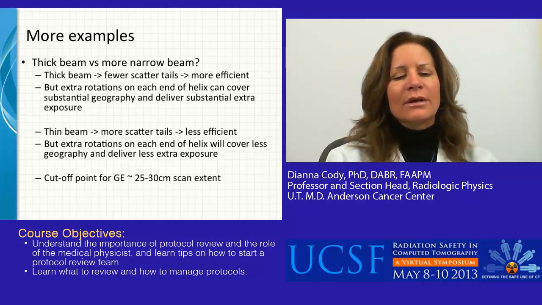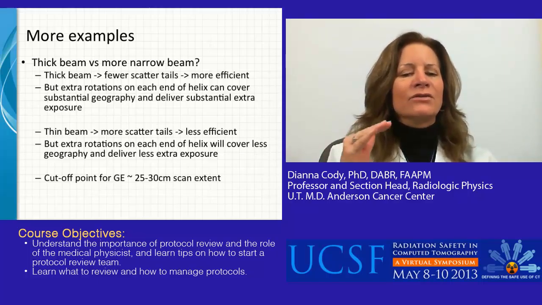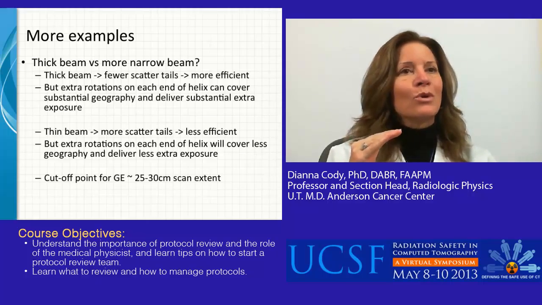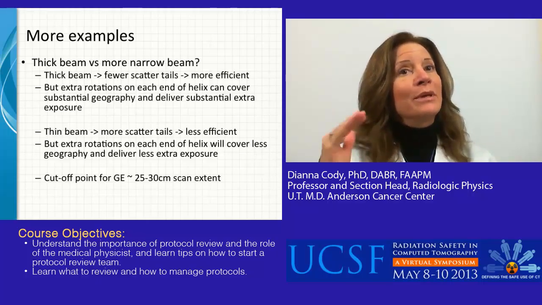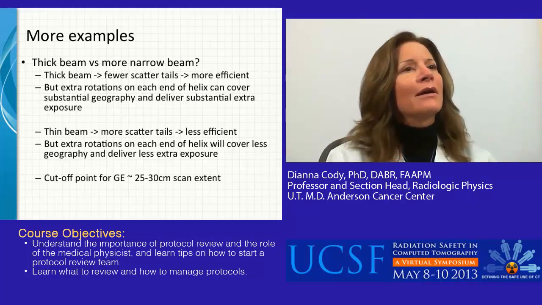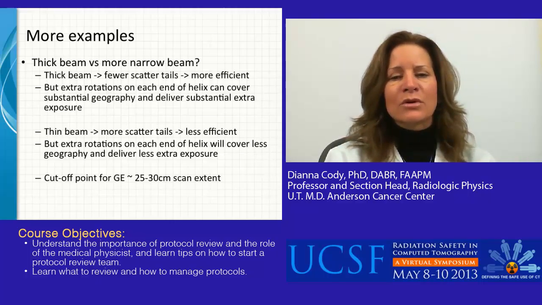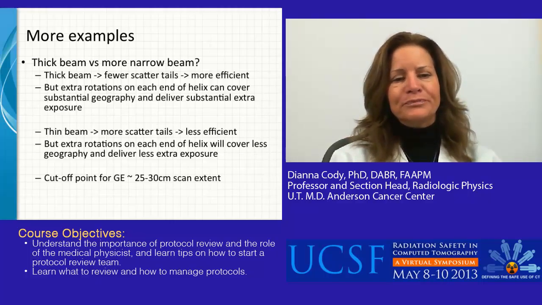The cutoff point for GE is 25 to 30 centimeters for their scan extent. So if your coverage is 25 to 30 centimeters or less, you'd be better off with the thin beam. If it's bigger than that, you'd be better off with the thicker beam. These are the kinds of things that a physicist can recommend during these protocol review meetings.